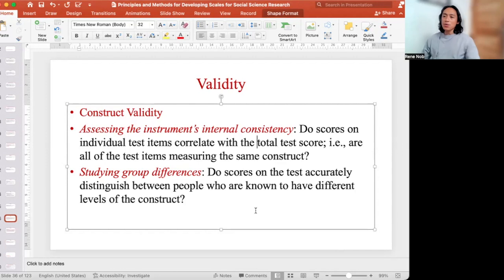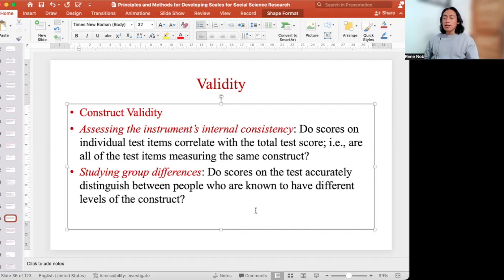Construct validity can also be determined through studying group differences. So, for example, we can ask the question, do scores on the test accurately distinguish people who are known to have different levels of the construct? For example, theoretically and based on previous evidence, there's a strong belief that females score higher on, let's say, venting as a coping mechanism compared to males, and then we develop a scale for venting.